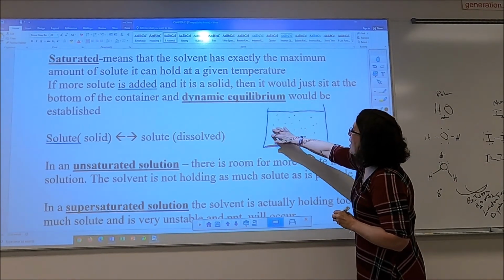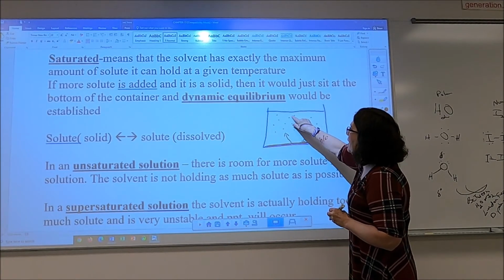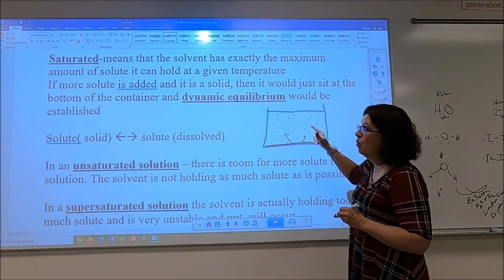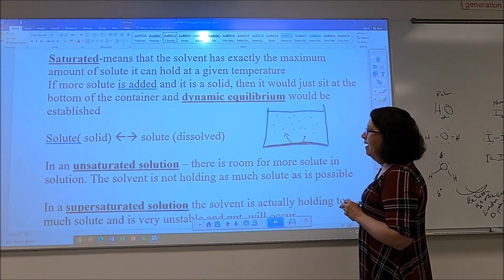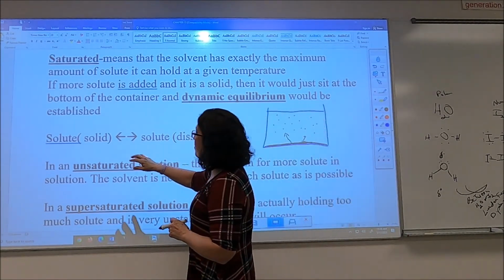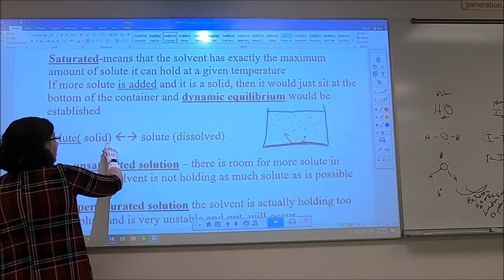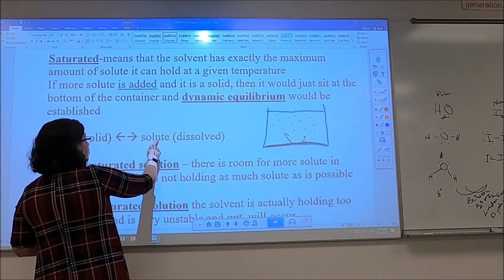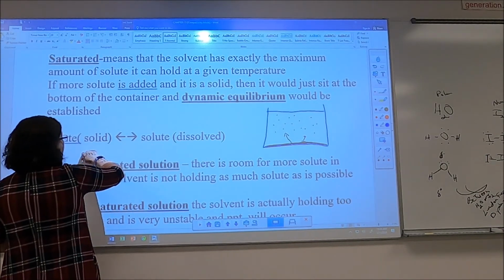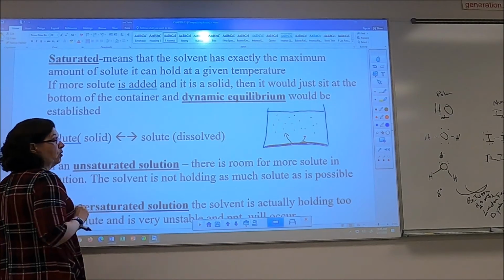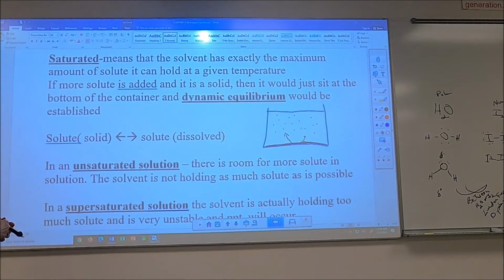So the concentration, or the number of particles up here in the solution phase, doesn't change. Okay? We can represent that by saying solute solid, double arrow, because things are going back in both directions, solute dissolved. Okay? Number of particles here, number of particles here don't change.